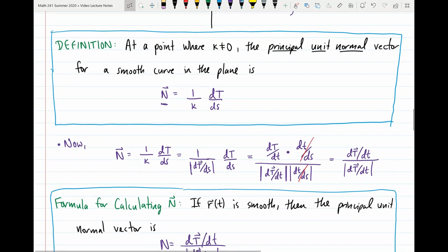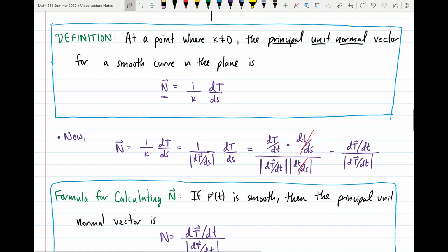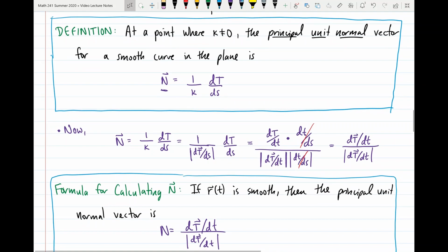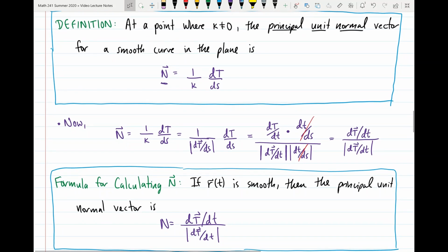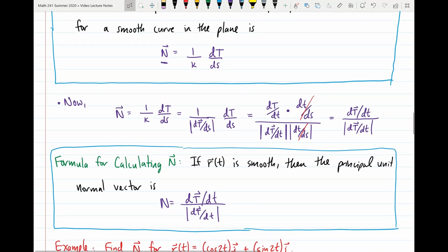And just like before, working with the arc length parameter can be somewhat difficult, so we want to find a formula for calculating N with respect to t as opposed to the arc length parameter.